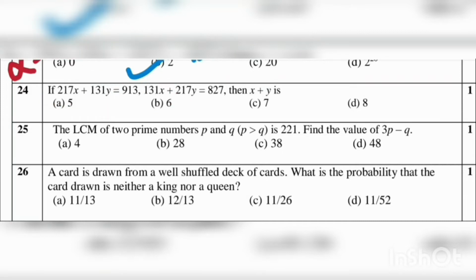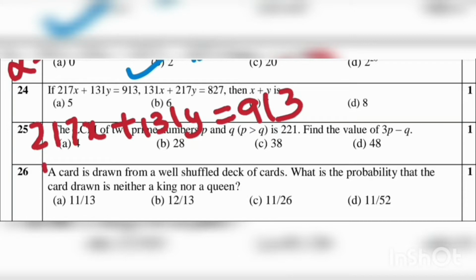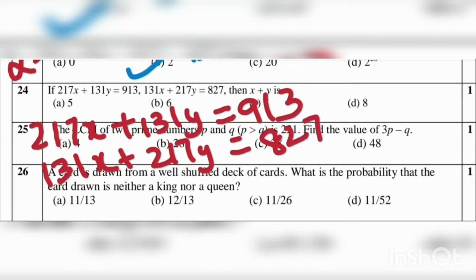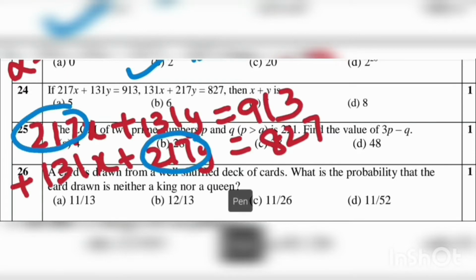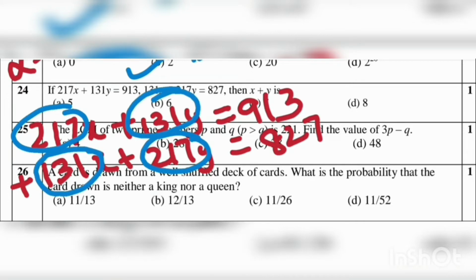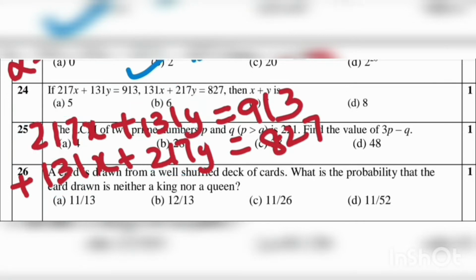So the first equation is 217x plus 131y equals 913. The second equation is 131x plus 217y equals 827. So when we see that there are the same type of coefficients, we should always add the equations to solve them. So when we add them, what do we get?